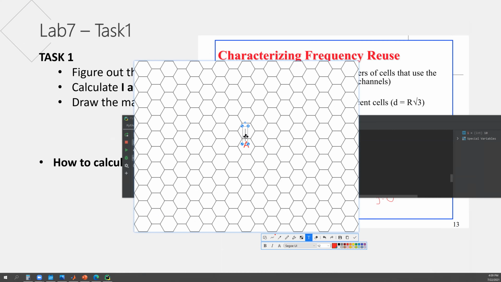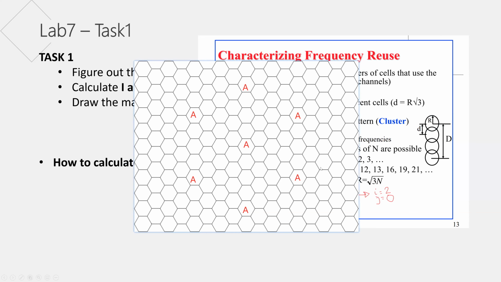For example here, 1, 2, 3. So if I equals 3, then I should draw an A here. 1, 2, 3, A, 1, 2, 3, something like that. So that's the first question, and you need to do the other two by yourself. Is that okay?